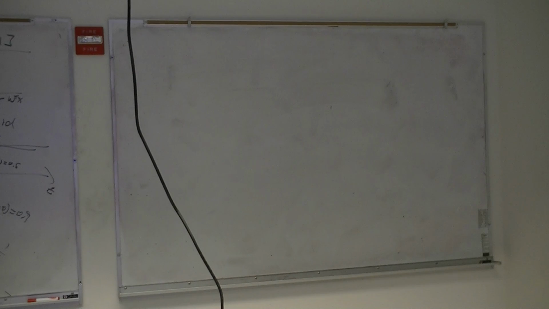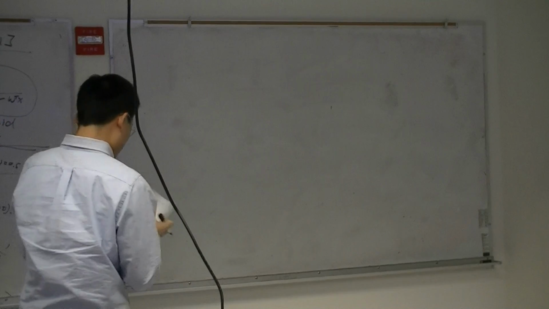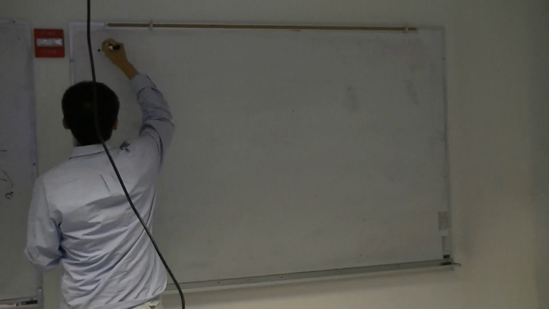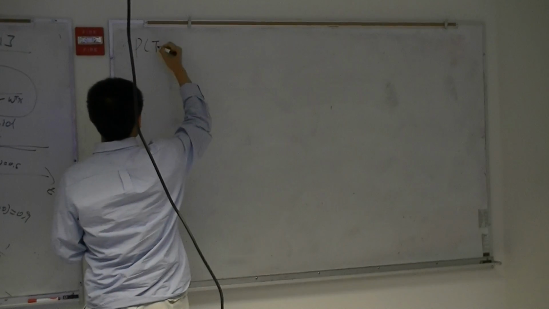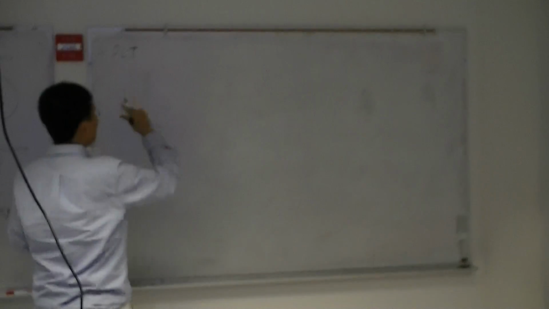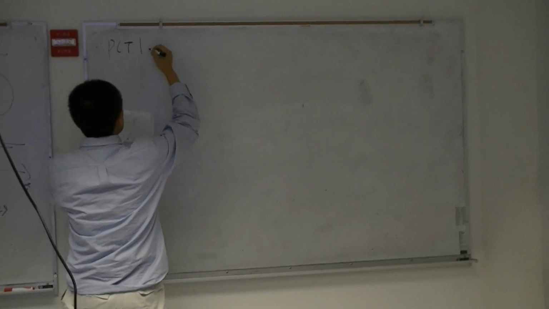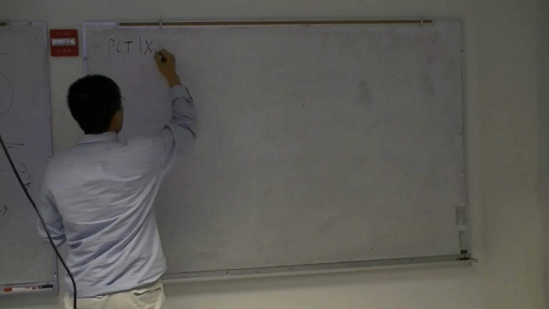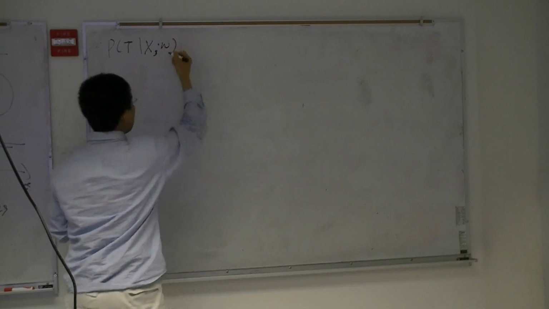Since I already convinced you we can use this function to do regression, we just need to maximize this function. So what's the maximum likelihood function? For example, here the capital T is the set of training labels, given the capital X, the set of training input variables, and some model parameter here.